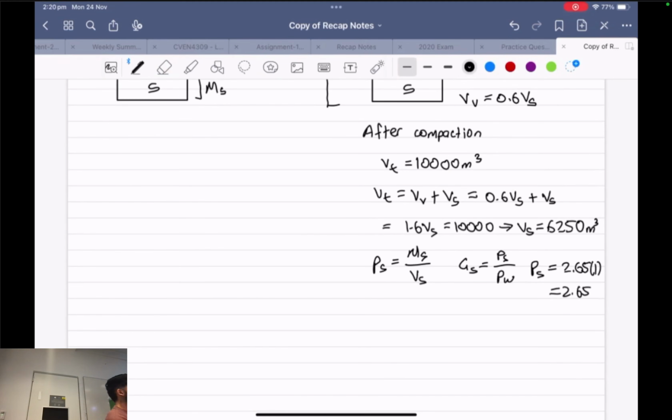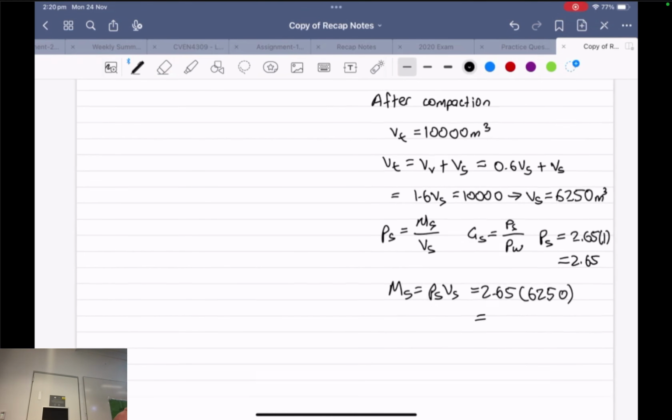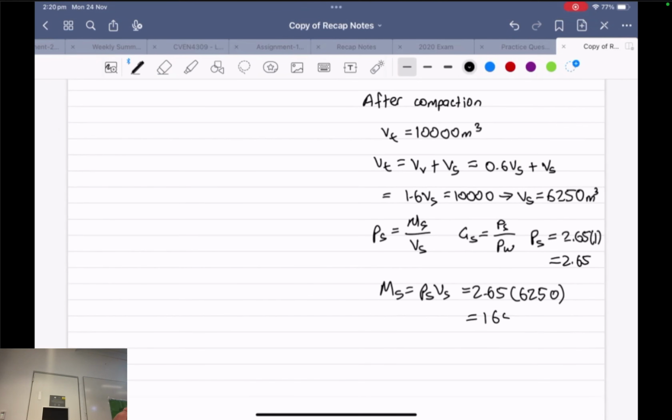So rho S is 2.65. We know Vs, that means we can find Ms, right? Ms is equal to rho S Vs, which is equal to 2.65 times Vs, which was 6,250, which is equal to 16,562.5. So that's your mass of solid.